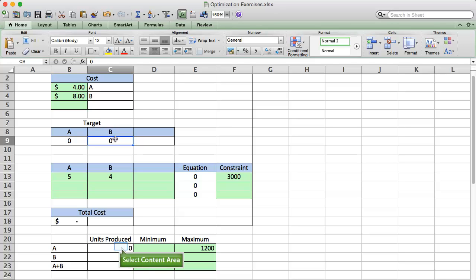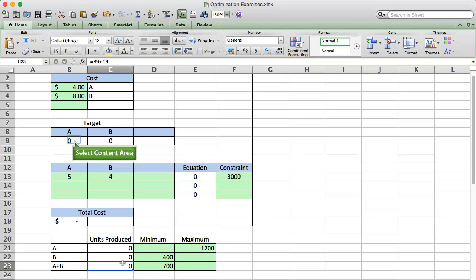Now we have some production constraints. So what I've done is I've first added equals the number of A, or cell B9, and whatever that ends up being, it has to be less than or equal to 1,200. Similarly, C9, the number of units of B, has to be at least 400 units.